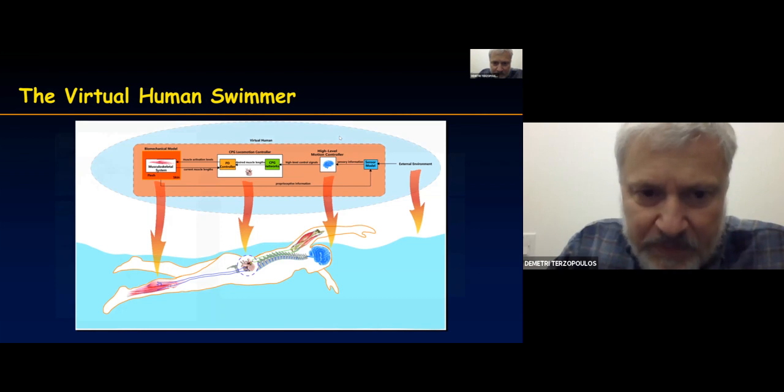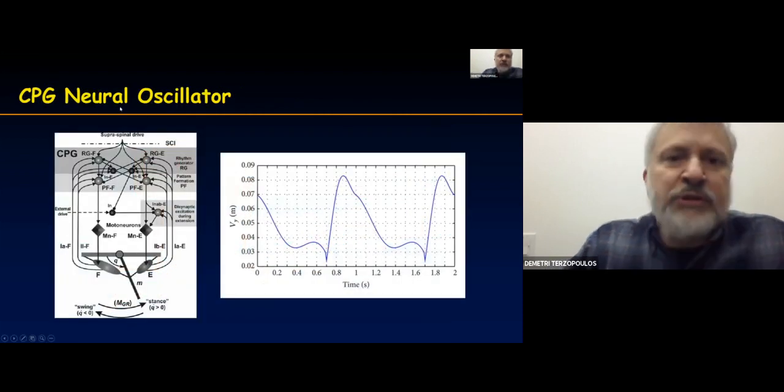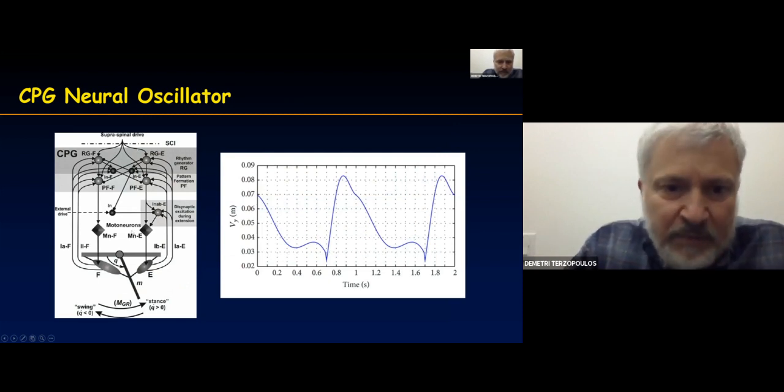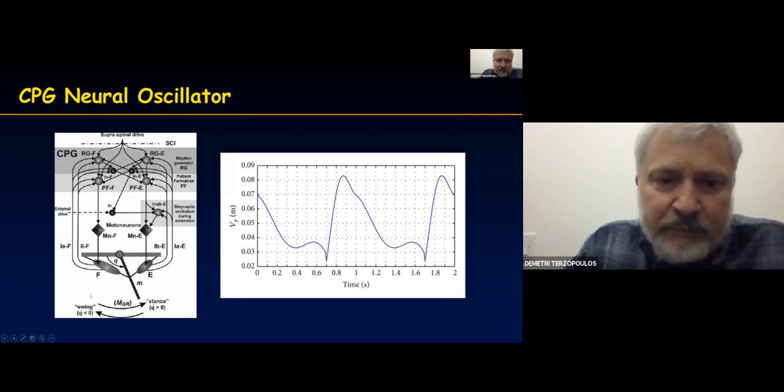But what do these neural circuits look like? They're basically neural oscillators. Here's a diagram of a CPG oscillator. These are neurons, so there are very few neurons. Here are two muscles, a flexor and an extensor muscle, and just a simple one-dimensional rotational joint, and you want to control these muscles so that this goes left, right, left, right.